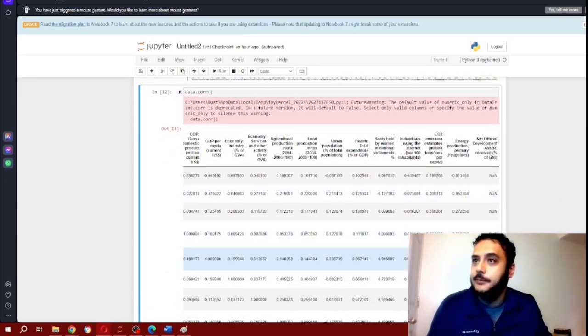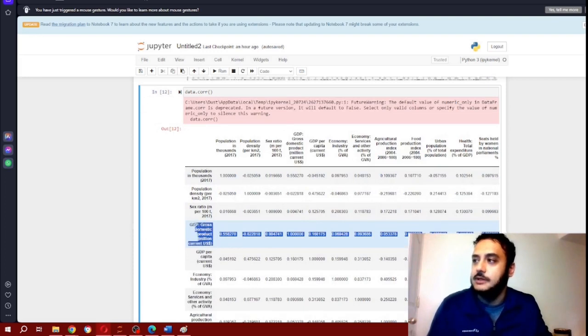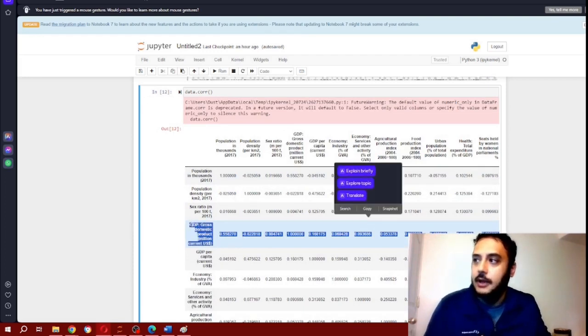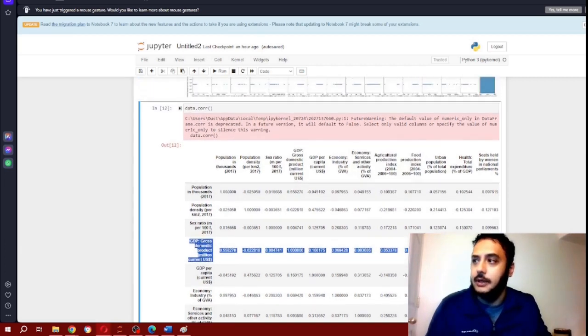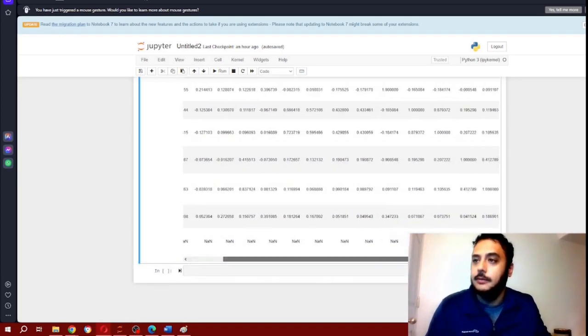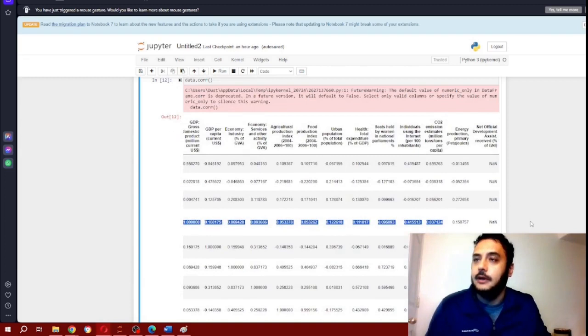So this will be my first independent variable, which is again the GDP in millions in U.S. currency, and the second one will be this one right here.